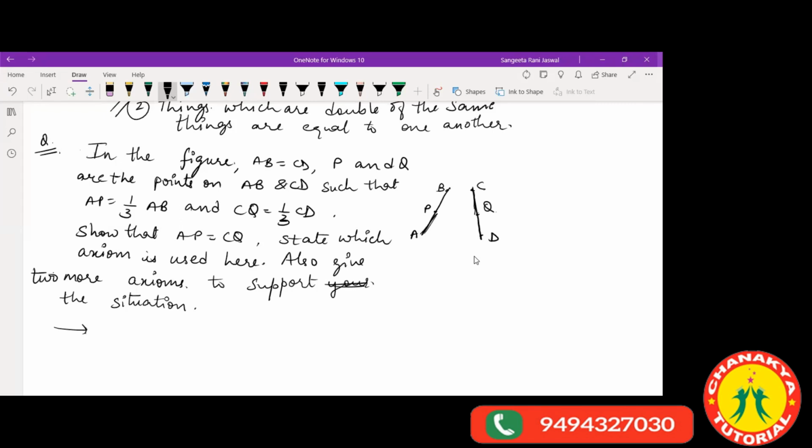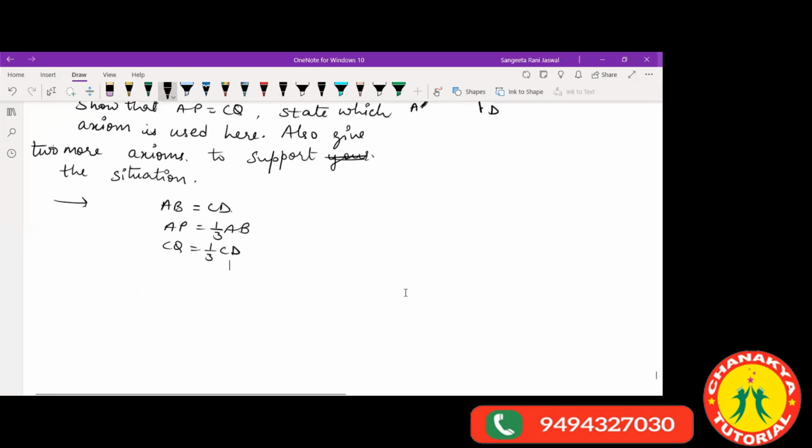Let's just write down whatever we are given. First, whatever is given to us, we should write that AB is equal to CD is given. AP is equal to 1/3 of AB is given. CQ is equal to 1/3 of CD is given.